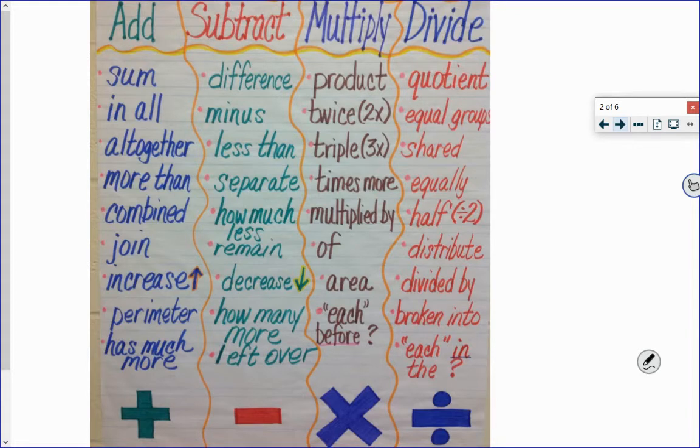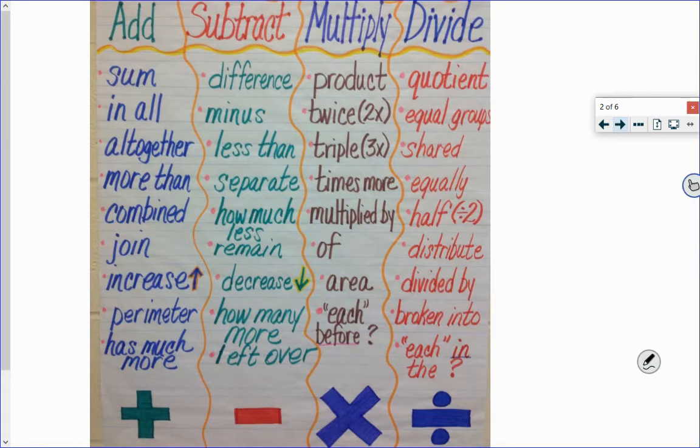Combined, join, increase, perimeter, has much more. Okay, those are possible additions.